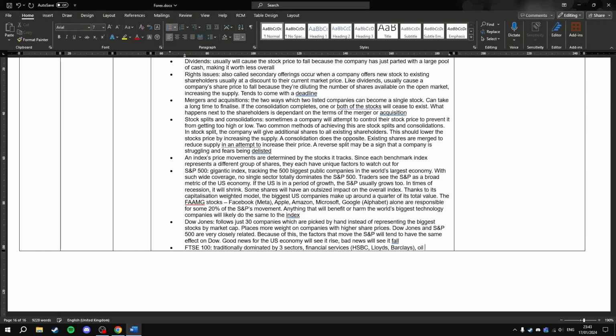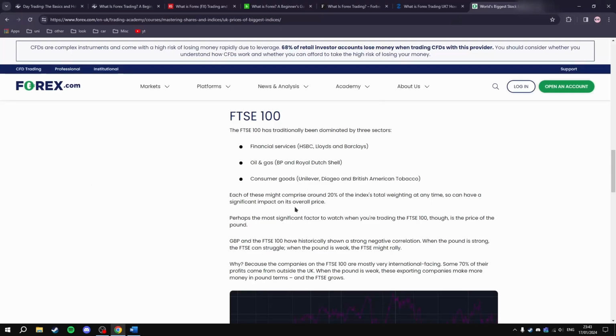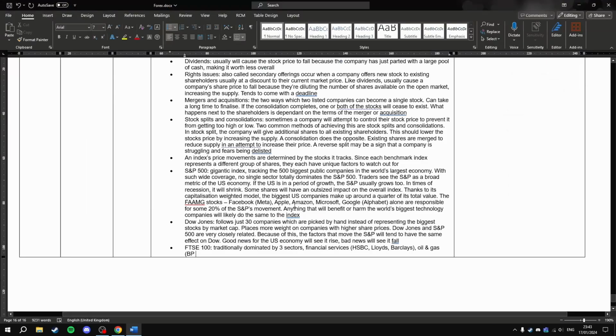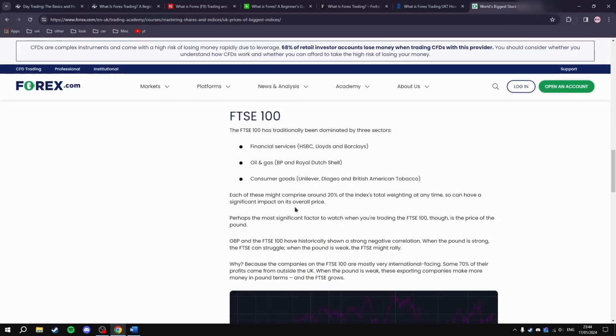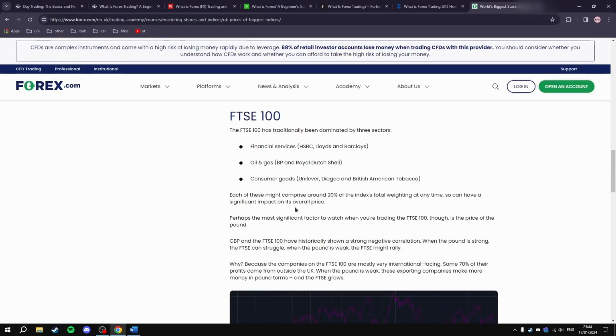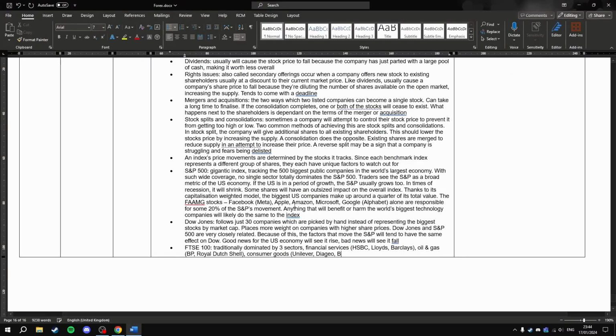Oil and gas, BP, Royal Dutch Shell. Consumer goods, Unilever, Diageo, and British American Tobacco.